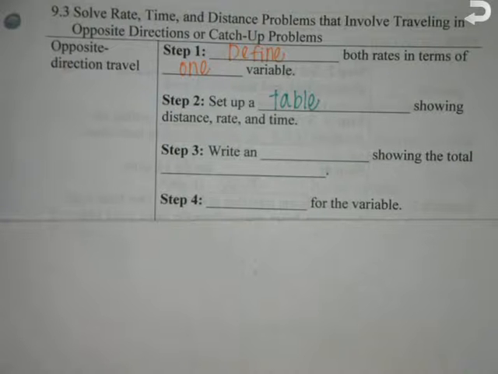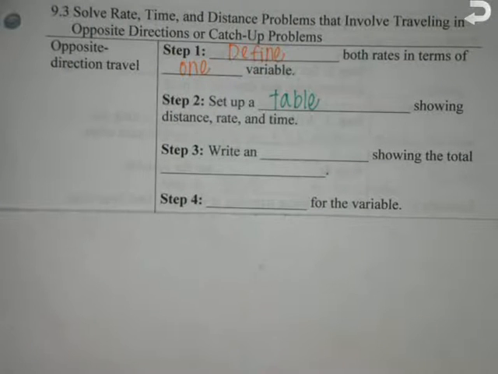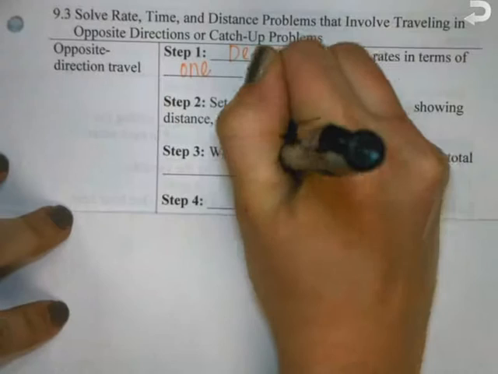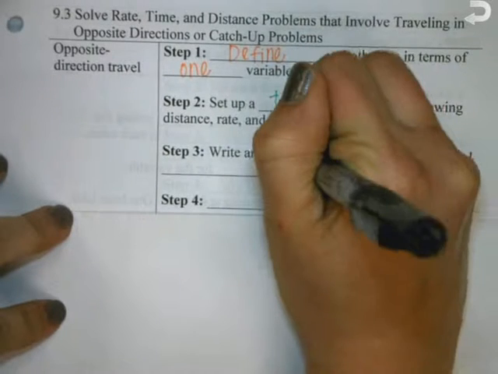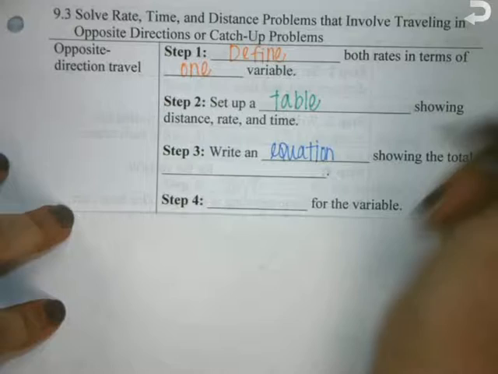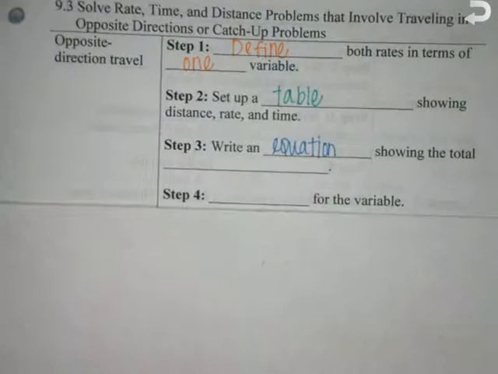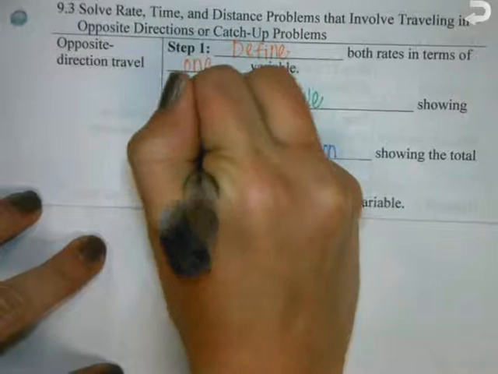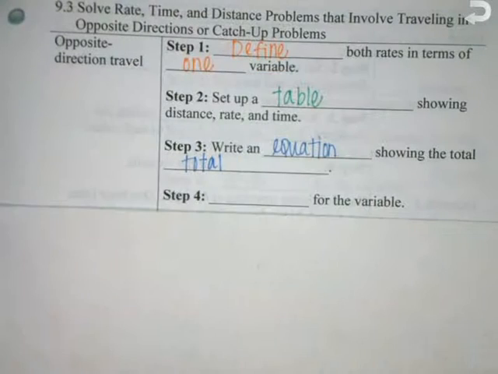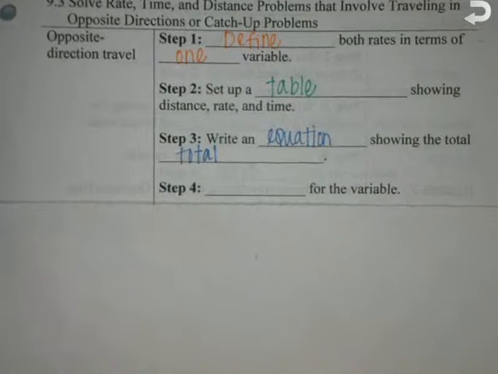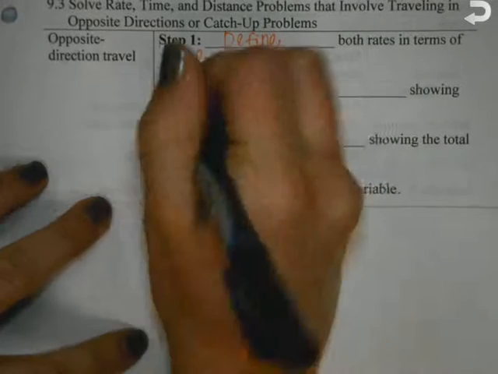Okay? Step 3, you are going to write an equation. And this is a step that's different than the next one. Because we're going opposite directions, we want the total distance away from each other.